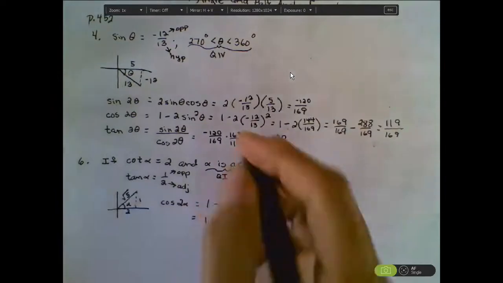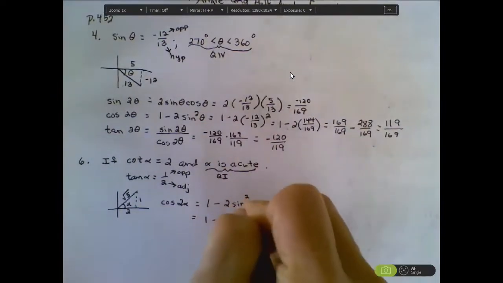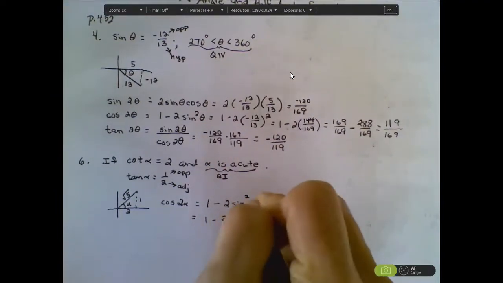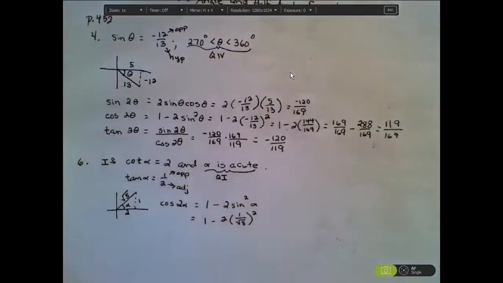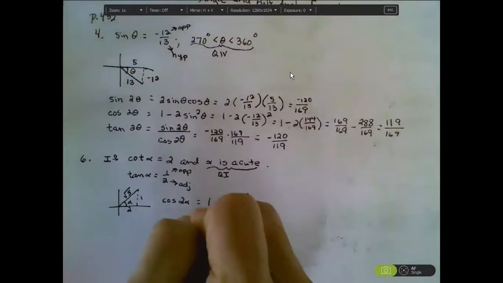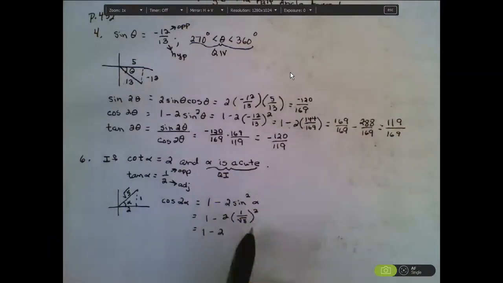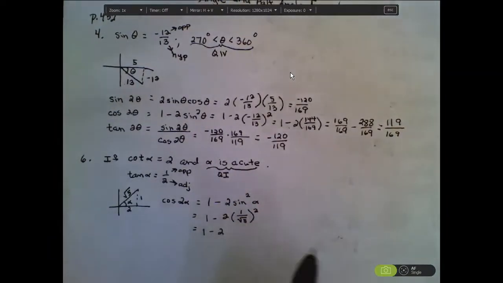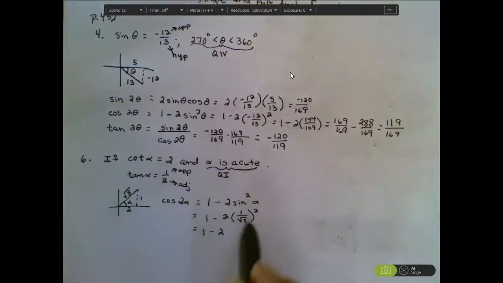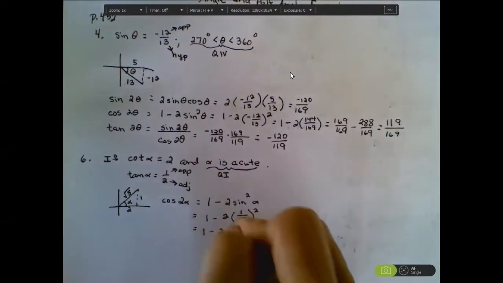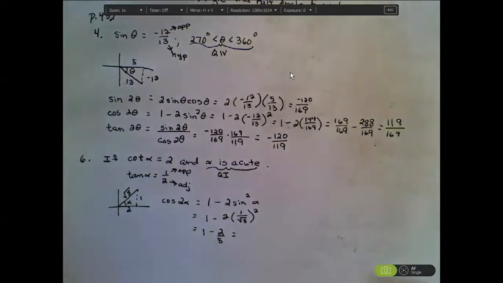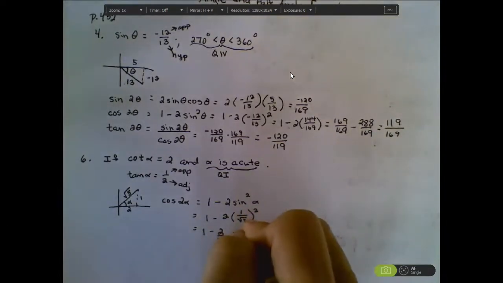Opposite over hypotenuse would be 1 over square root of 5. And that's supposed to be squared. 1 over square root of 5 squared is just 1/5. 2 times 1/5 is just 2/5. And 5/5 minus 2/5 is 3/5.